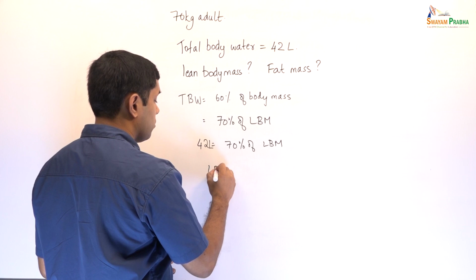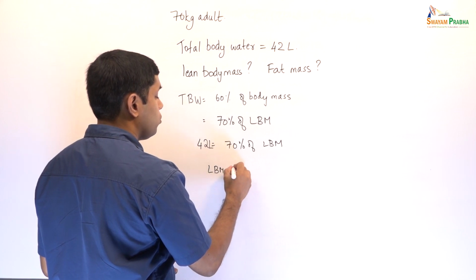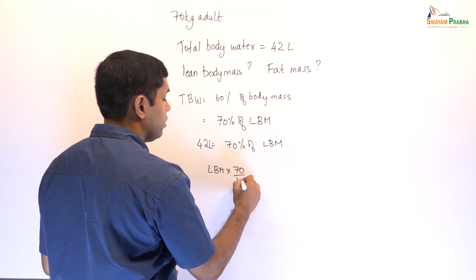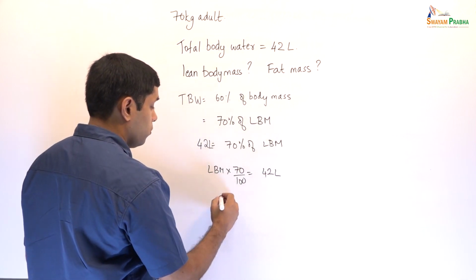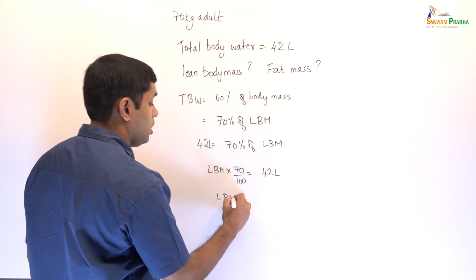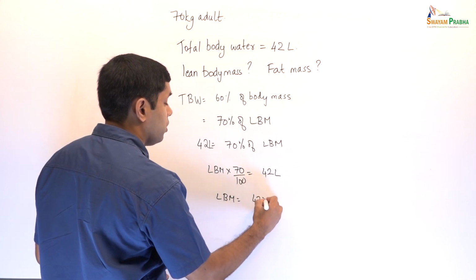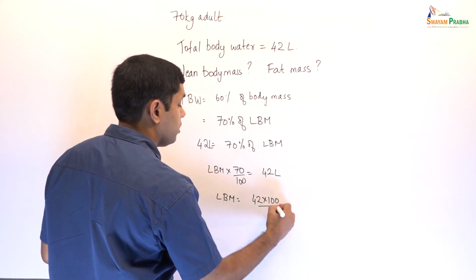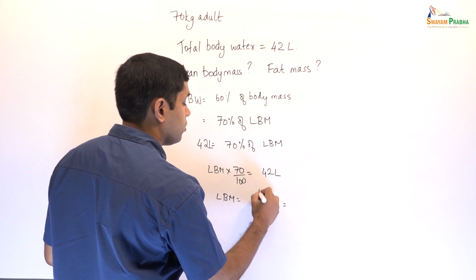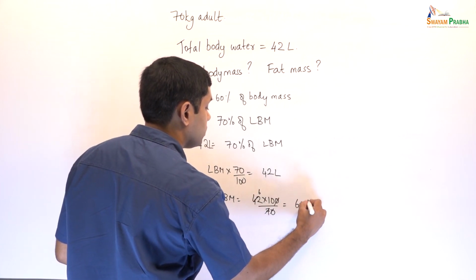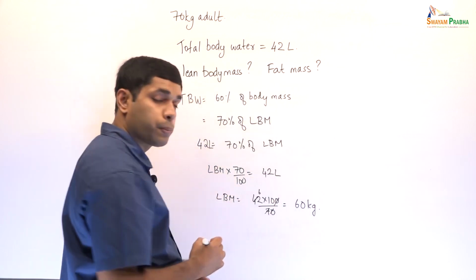So lean body mass into 70 by 100 is equal to 42 liters. So lean body mass is equal to 42 into 100 divided by 70, that's equal to 60 kg.